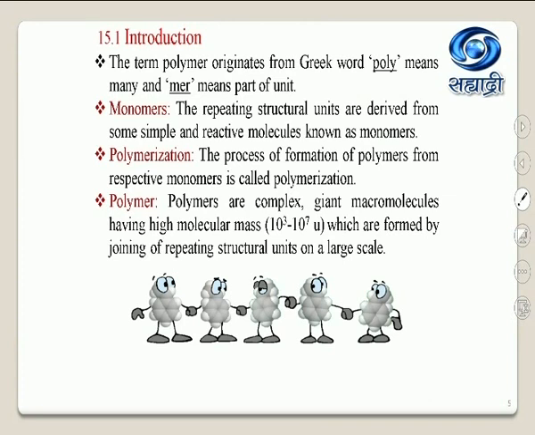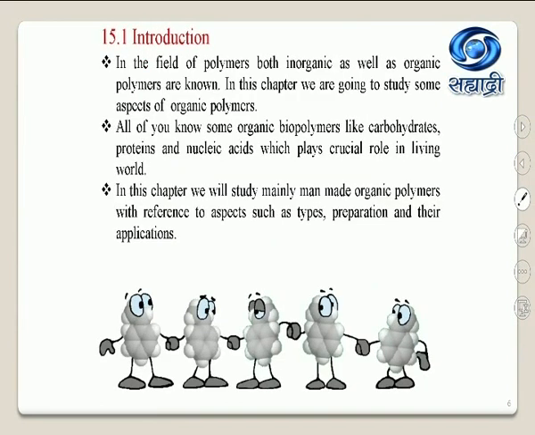Now what is a polymer? Polymers are complex giant macromolecules having high molecular mass, that is 10 raised to 3 to 10 raised to 7 units, which are formed by joining of repeating structural units on a large scale. In the field of polymers, both inorganic as well as organic polymers are known. In this chapter, we are going to study some aspects of organic polymers.